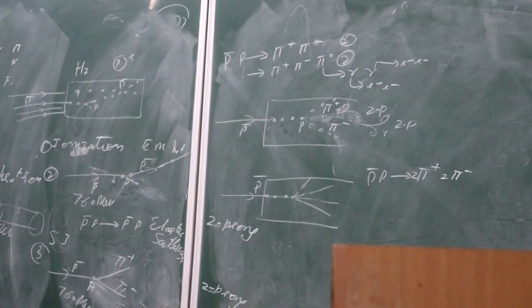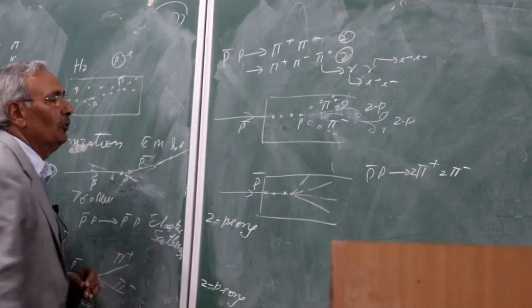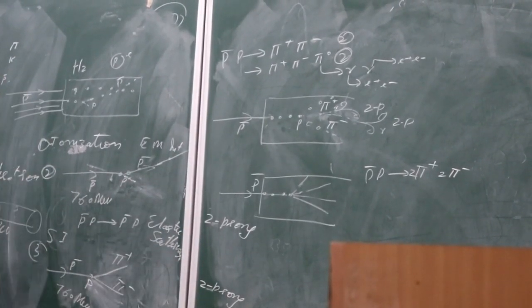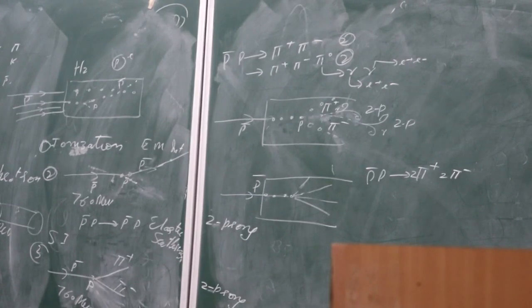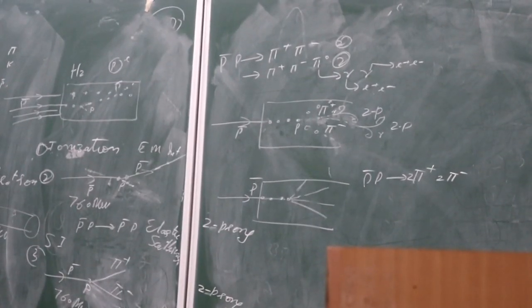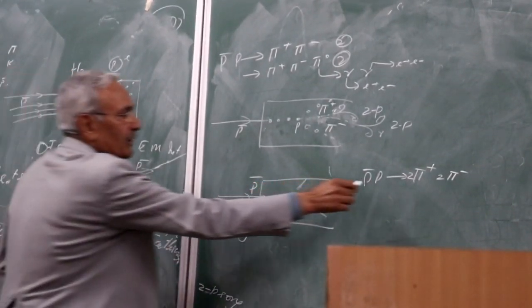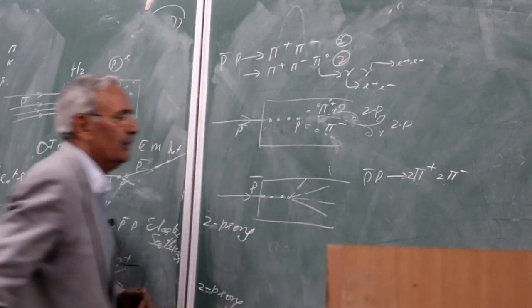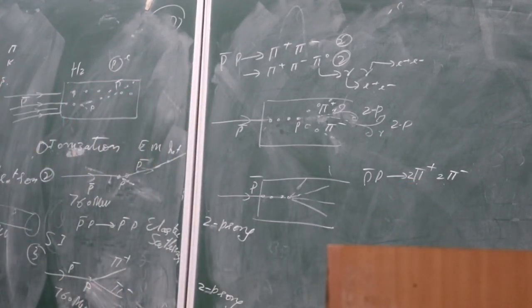You can have neutrals again here also, like 2 pi 0, 4 pi 0, because there is no pion number conservation, there is no restriction on the number, only energy is conserved. Okay. So here you have 2 positive, that's pi plus, and 2 negative, the 2 pi minus, and then you will get the 4.